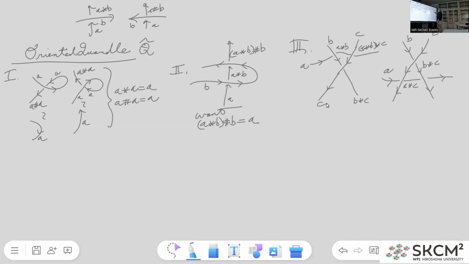Now, this is C, this is B star C coming down, and over here we have A star C times B star C. So we definitely need that each operation distributes over itself.